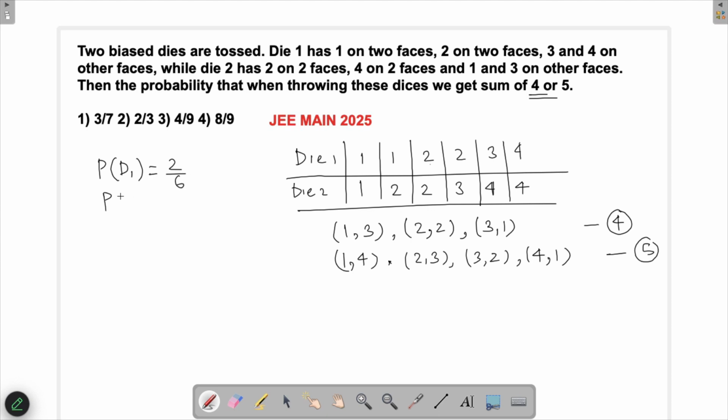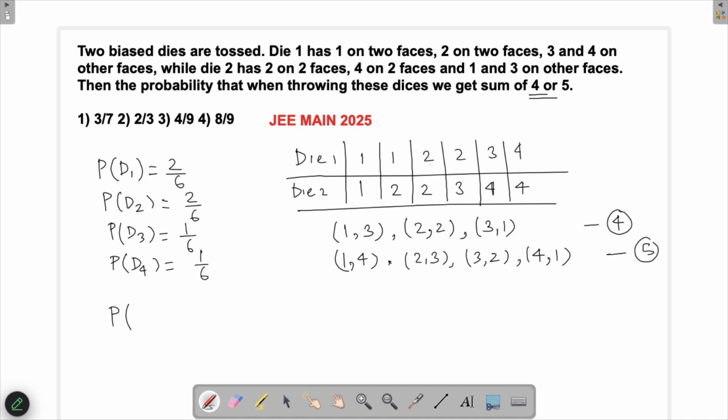The probability of getting a 2 on die 1 is 2 upon 6 again, and getting a 3 on die 1 is 1 upon 6, one out of six. And getting a 4 is 1 upon 6 again. So this is for the first die.